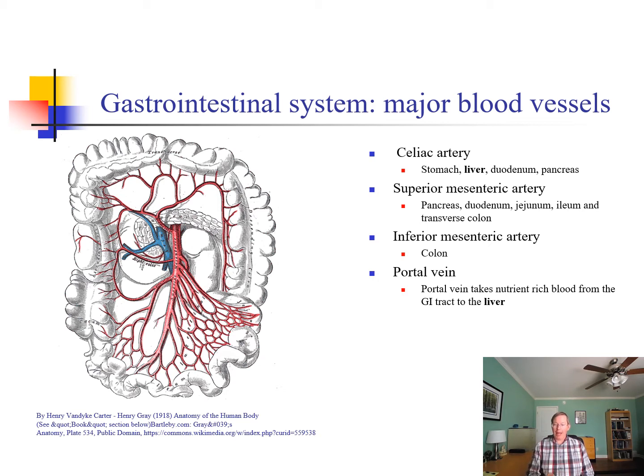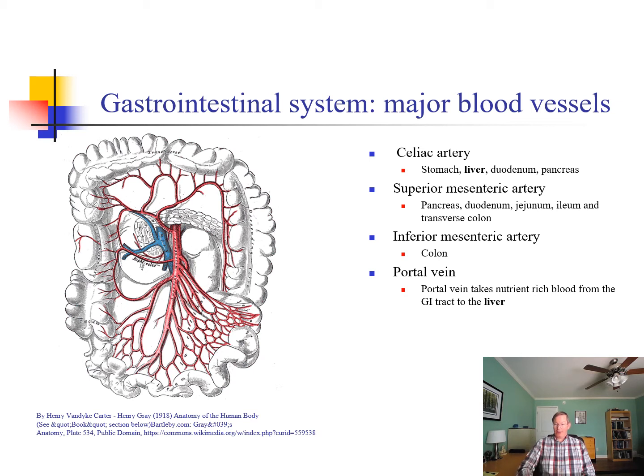And so what will happen is that you will have pain from any of the structures that are in, let's say, a foregut structure that will be referred to where the celiac artery will actually innervate or go to, which is just below the rib cage.